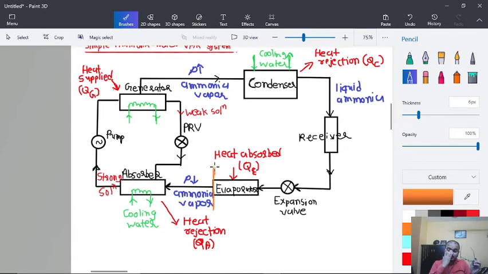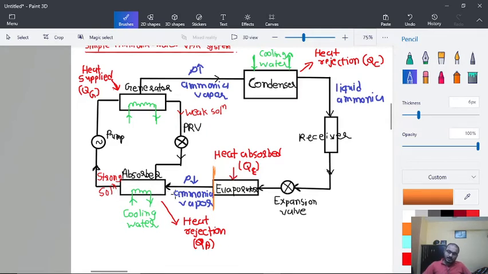In this case, we are having low pressure ammonia vapor, because in case of evaporator, liquid ammonia enters this evaporator, it absorbs the heat from the products that we need to cool, and it is getting vaporized. So we are having the low pressure ammonia vapor, and evaporator works at a lower pressure.